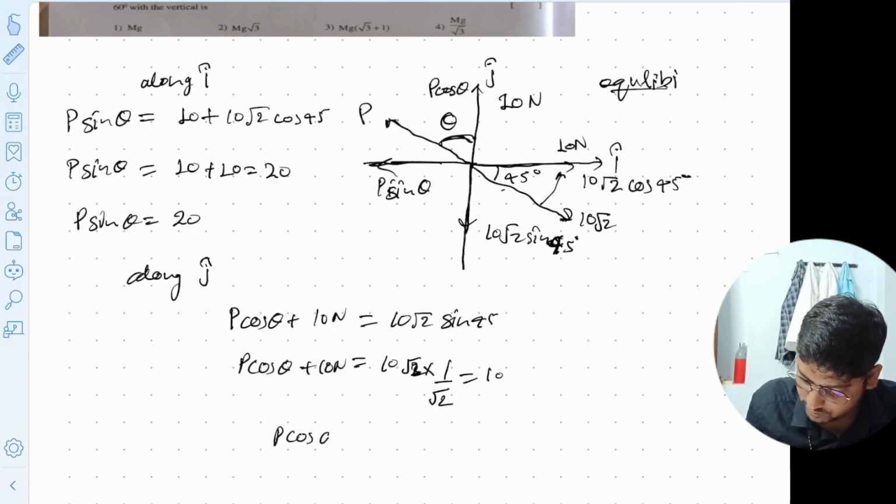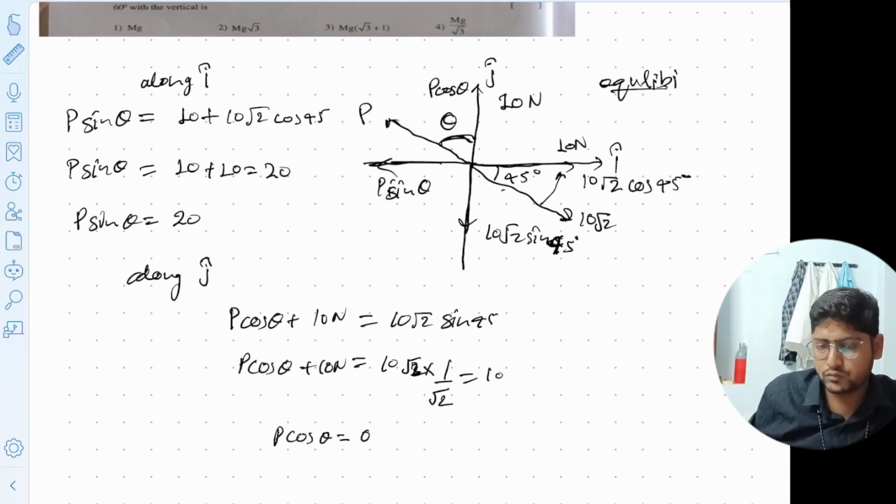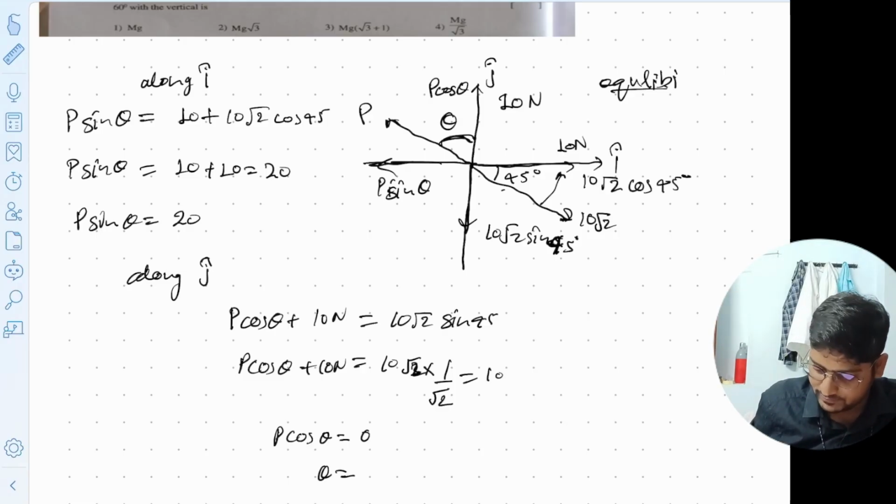Then P cos theta equals 0, so P into cos theta is 0, which means theta will be what? Cos 0 is 1, cos 45 is 1 by root 2, and cos 90 is 0. So theta equals 90 degrees.